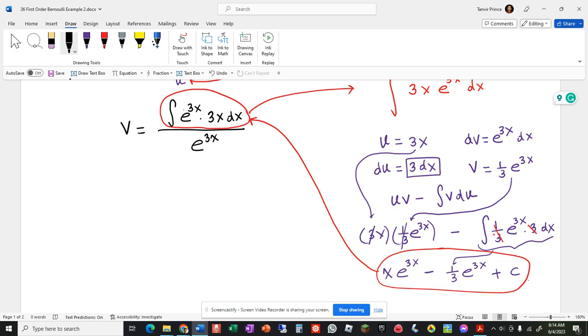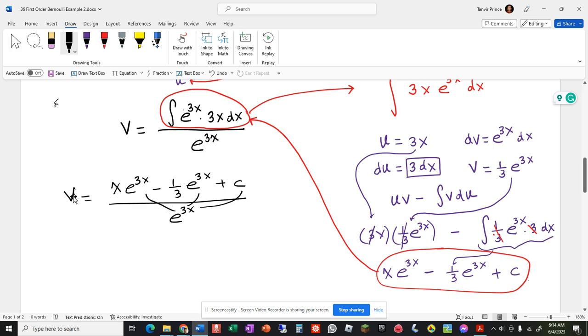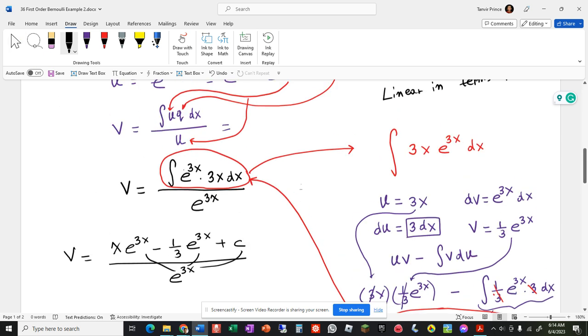So my v is equal to, I'm going to copy that, divided by e to the 3x. So I'm going to distribute e to the 3x under each one, and we have to simplify as much as possible. And also I have to replace v by what is my v.